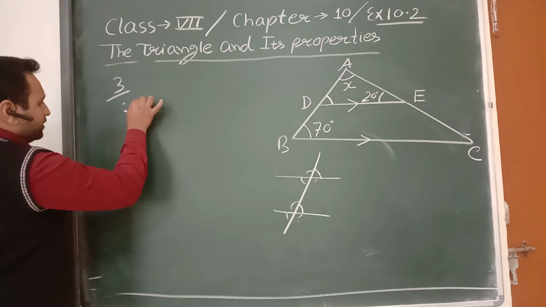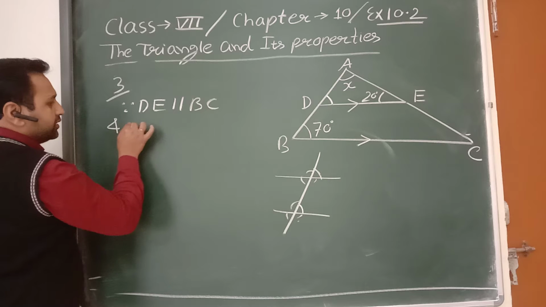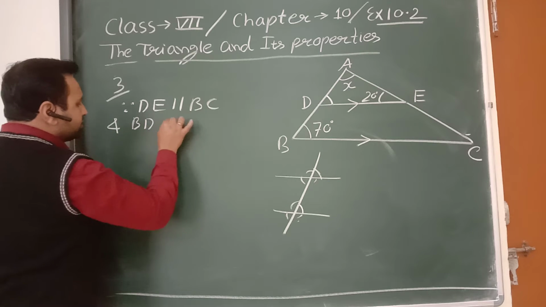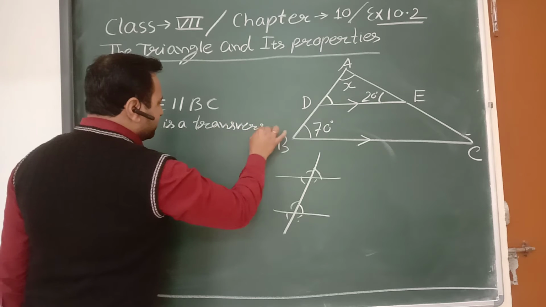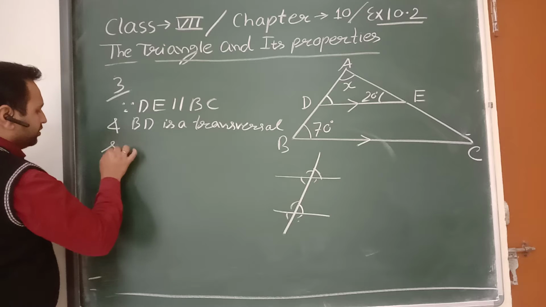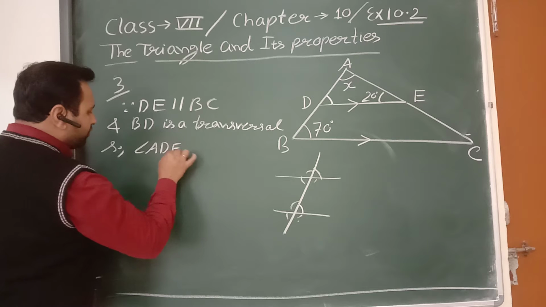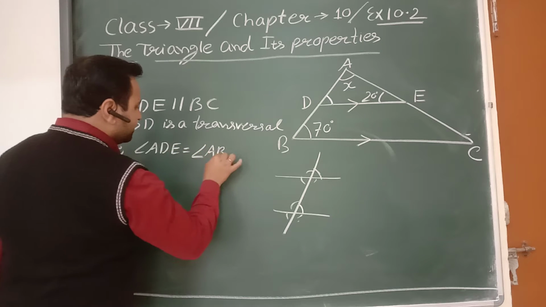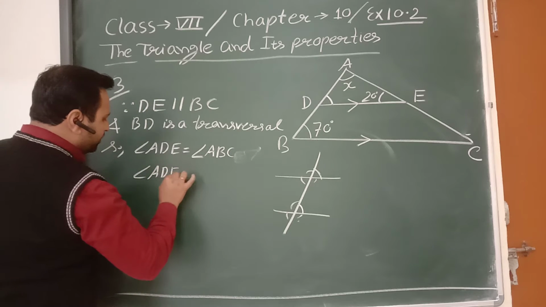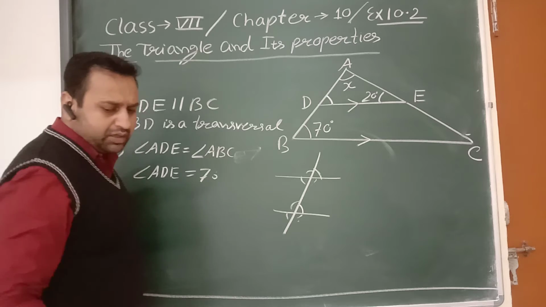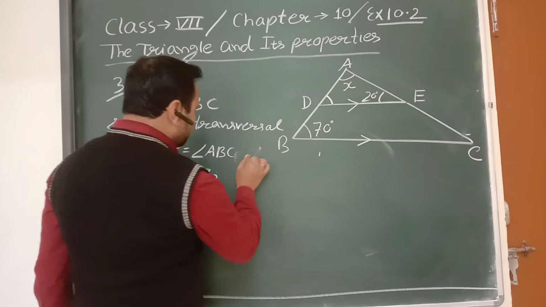because DE is parallel to BC and BD is a transversal. So angle ADE is equal to angle ABC, so angle ADE is equal to 70 degrees, and the property is corresponding angles. जो प्रॉपर्टी हम यूज करते हैं क्या होती है?